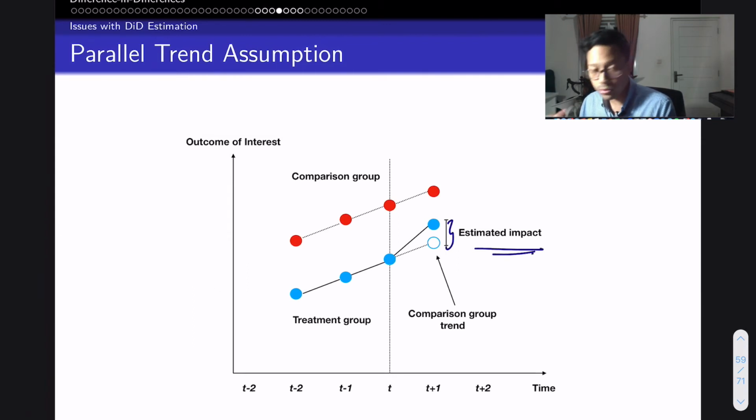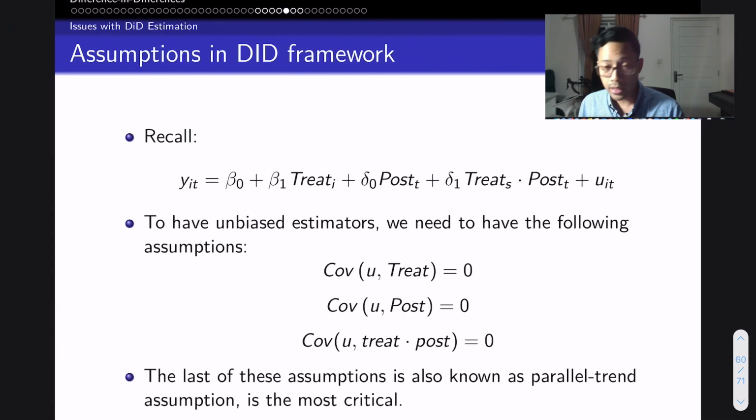Just to get you through the inner mechanics of this DID model, you can recall the earlier identifying equation that we have. To have unbiased estimators, we need the following assumptions. There is no correlation between the factors that we do not observe and the treatment variable. This is the standard assumption that we want to use.